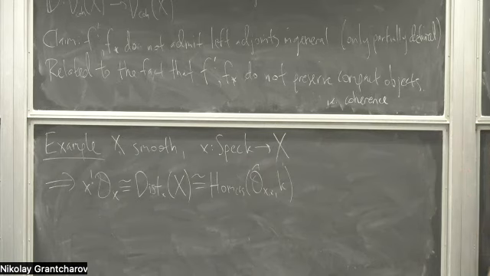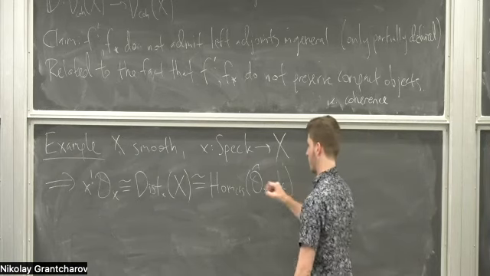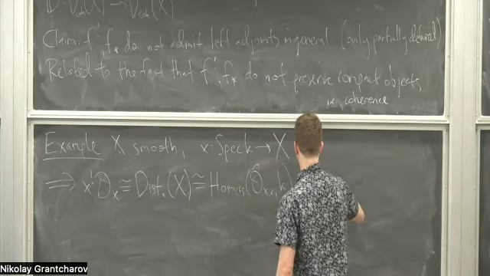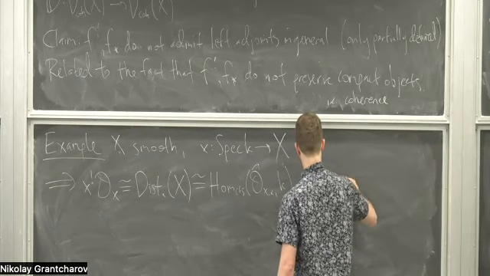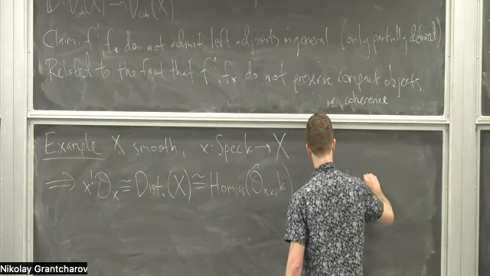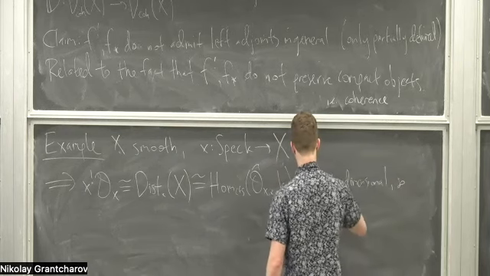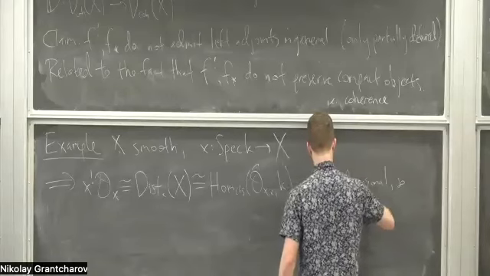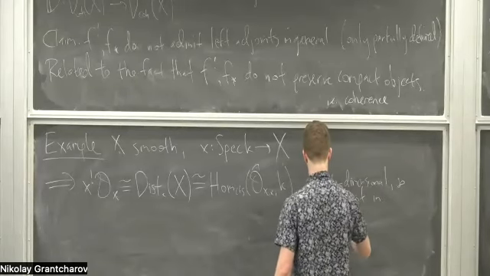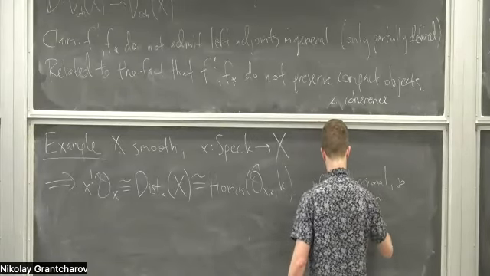Great exercise to try to prove this yourself. And the thing I want to point out is that this is infinite dimensional. So in particular, it's not coherent in D-modules on a point, which is just that.